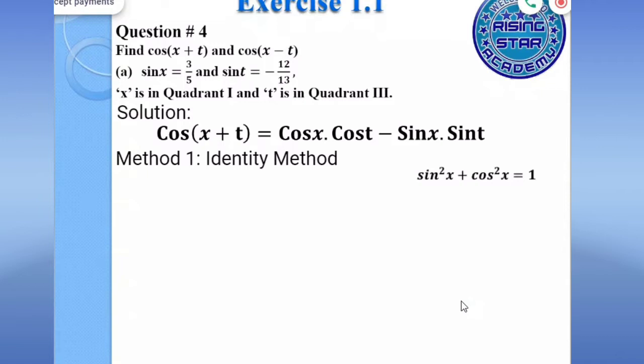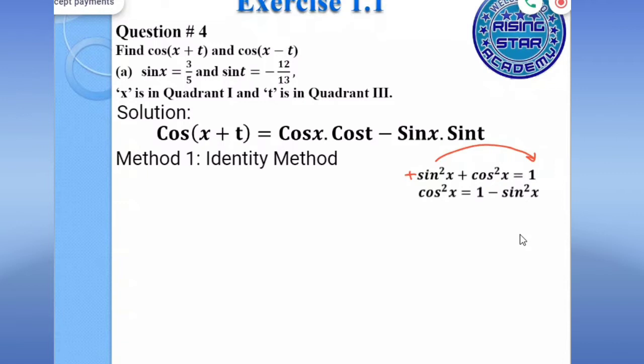In the next step, if I want to find the cos x value, I shift sine square x to the right side. When it moves to the right, it becomes negative, so that would be 1 minus sine square x.